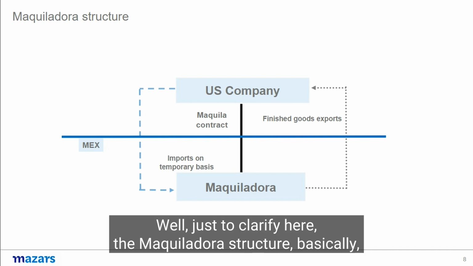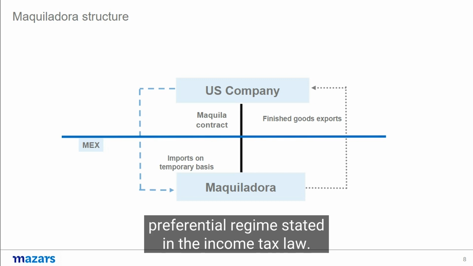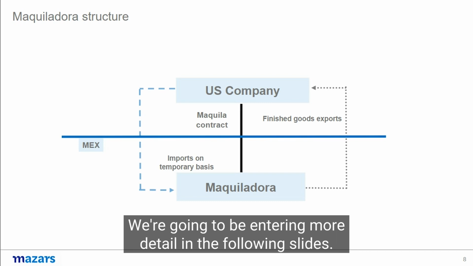Yeah, well, just to clarify here, the Maquiladora structure, basically, I would like to add that the Maquiladora is a preferential regime stated in the income tax law. We are going to be entering into more detail in the following slides.